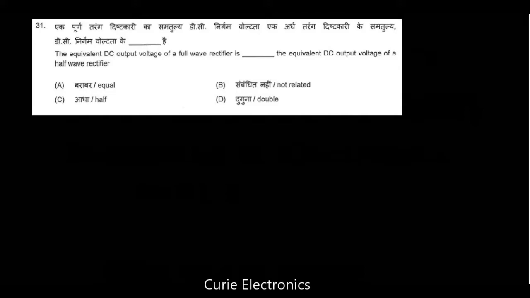The equivalent DC output voltage of a half-wave rectifier is dash.